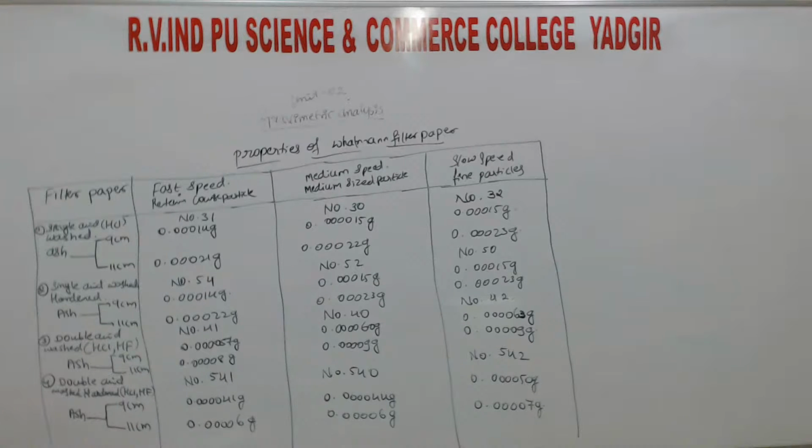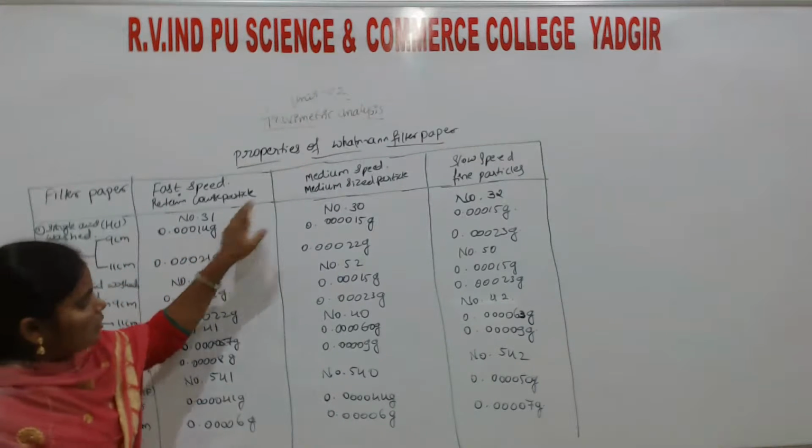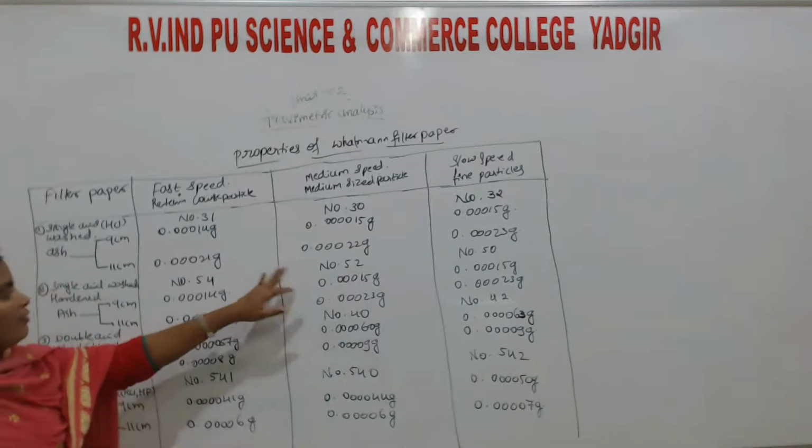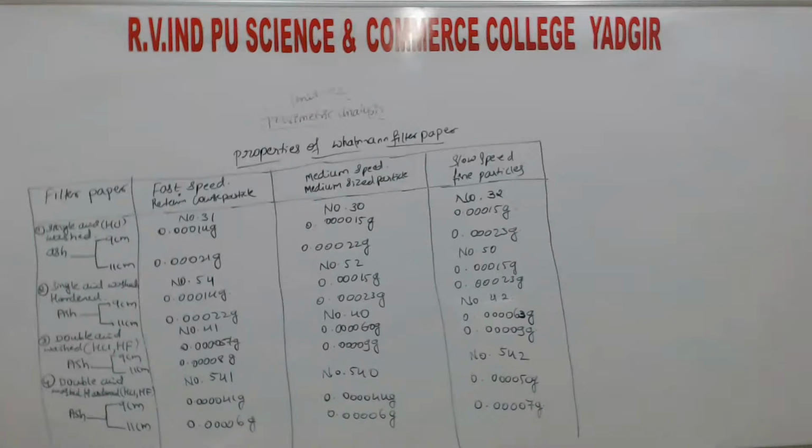In this table, the filter papers numbered 30, 31, 32, and 50, 52, and 54 are very cheap and may be used for elementary students.